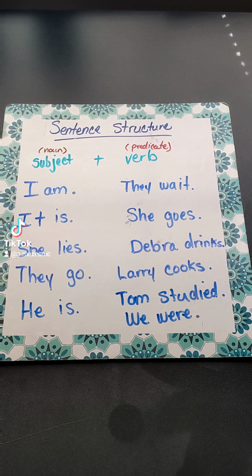ones you're seeing. Now let me first give you the definition of that, and then I'll read the examples. So a finite verb is always just one word.